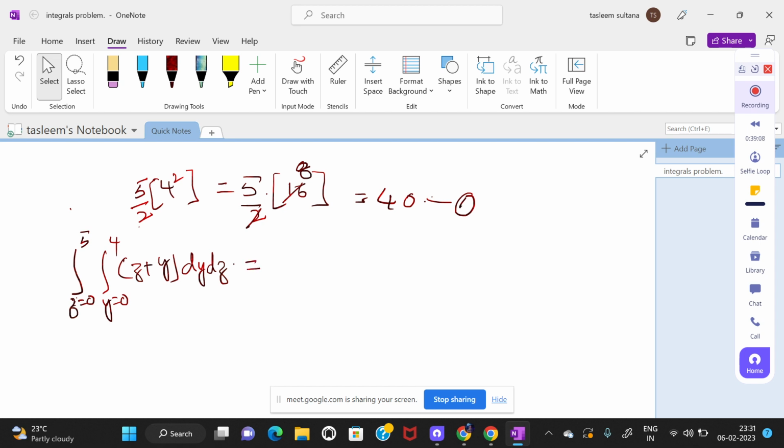They are making y equal to 0 the second time. Then z is equal to 0 to 5.